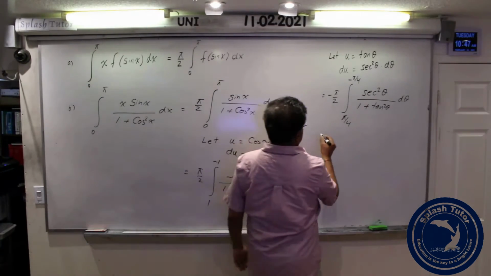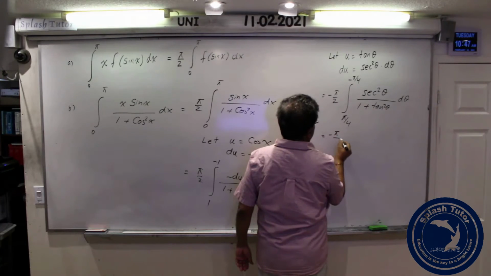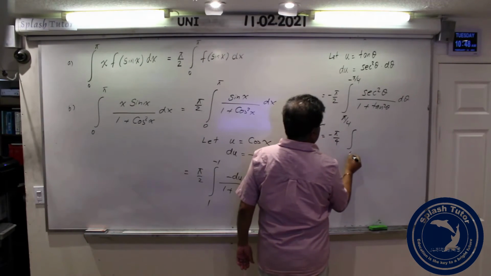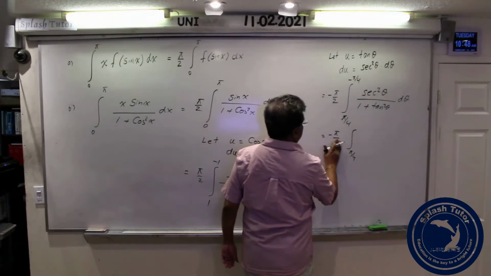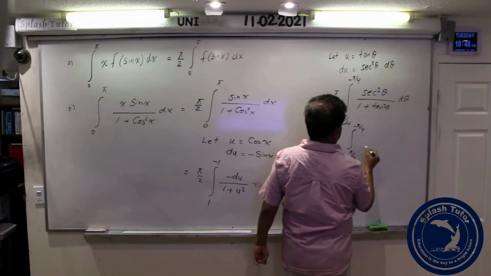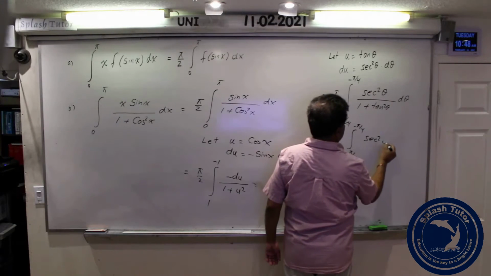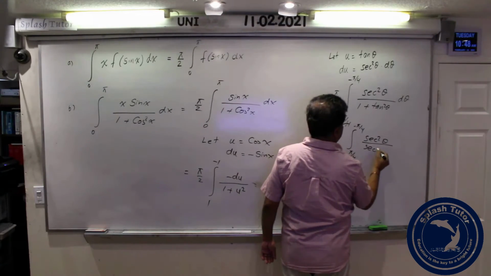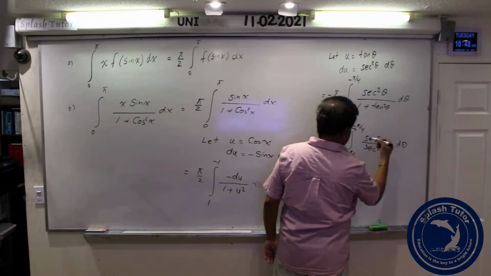So that is equal to the integral from minus pi over 4 to pi over 4 of secant squared theta over secant squared theta d theta, that is 1.